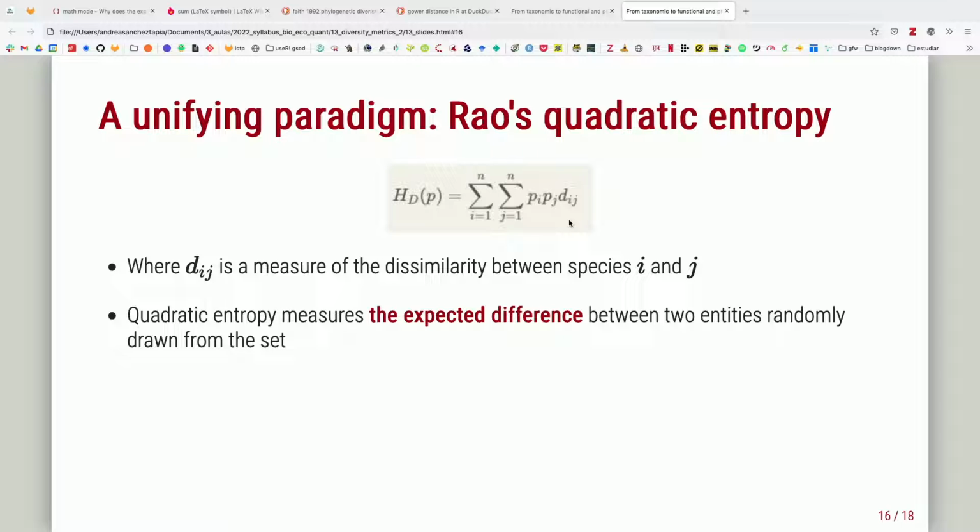And then you can start comparing between taxonomic, functional, and phylogenetic diversities. We're going to talk a little bit more about distances tomorrow, but this is basically the quickest, briefest way, and it's not brief, to talk about these facets of diversity.